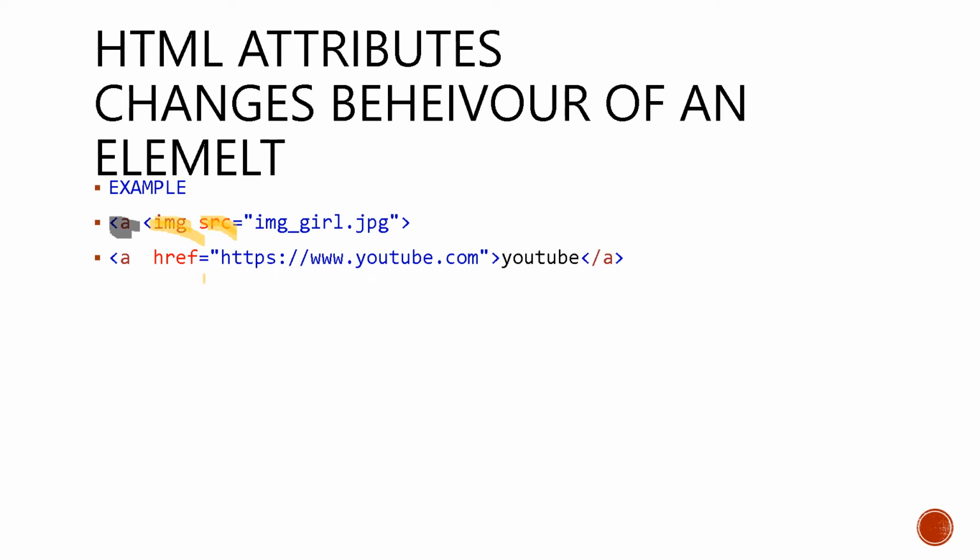And here the anchor tag: href is an attribute, and the anchor tag is an element. This attribute changes the behavior of the element. Now let us discuss the anchor tag.